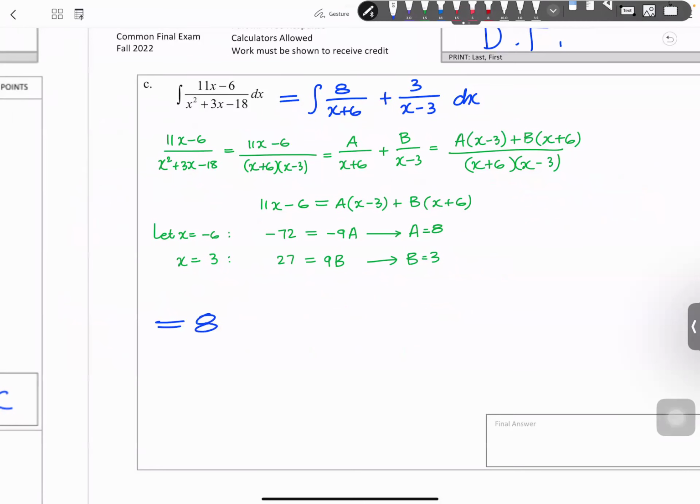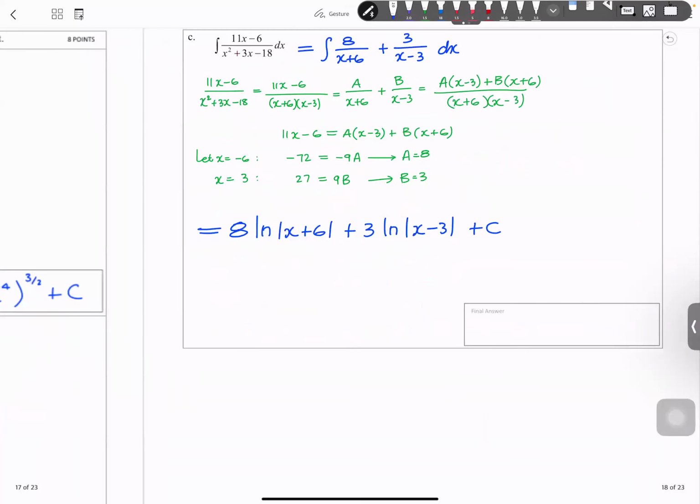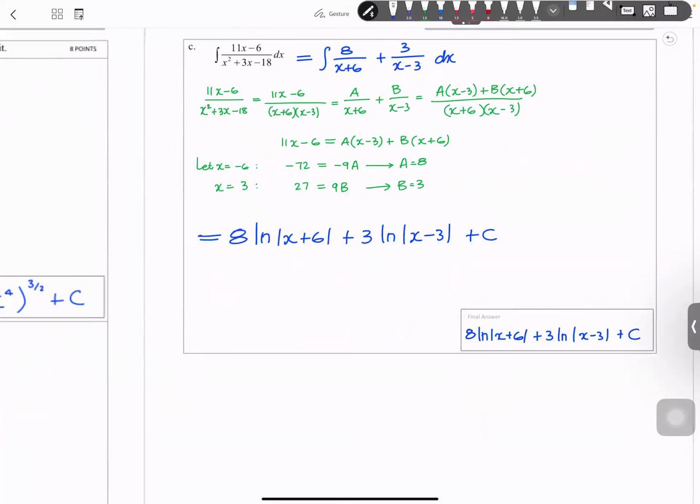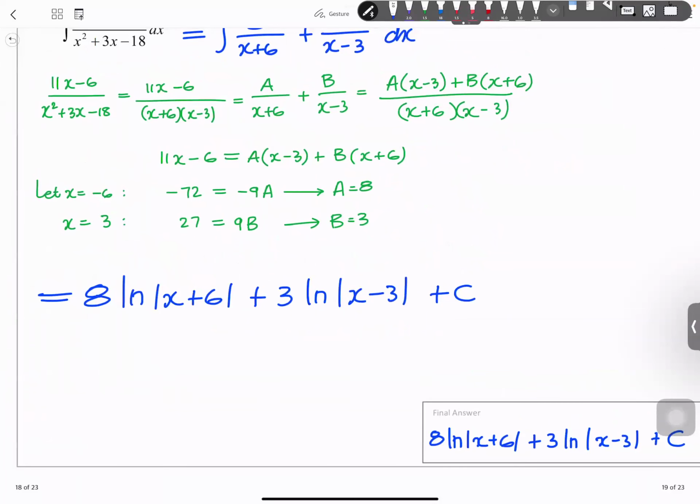So I get 8 times the natural log of the absolute value of x plus 6 plus 3 times the natural log of the absolute value of x minus 3 plus C. Let me put that in the box. 8 times the natural log of x plus 6 plus 3 times the natural log of x minus 3 plus C. Questions?